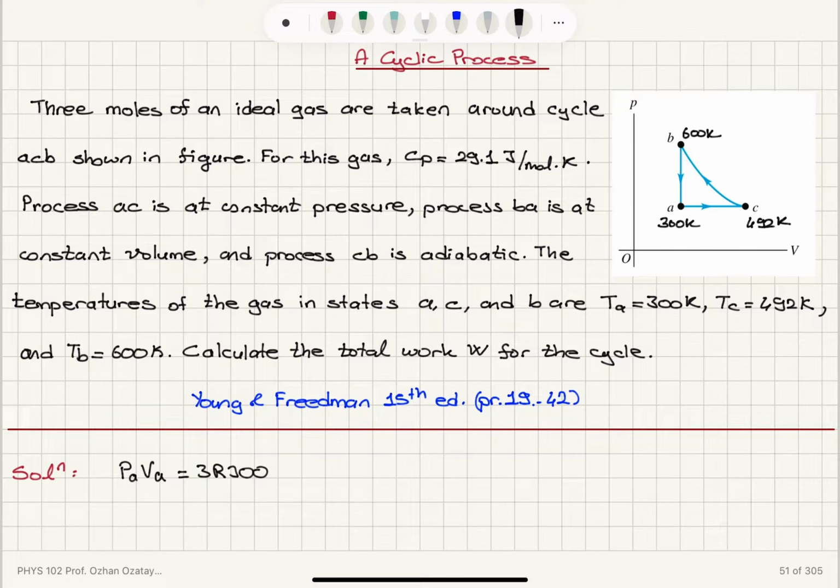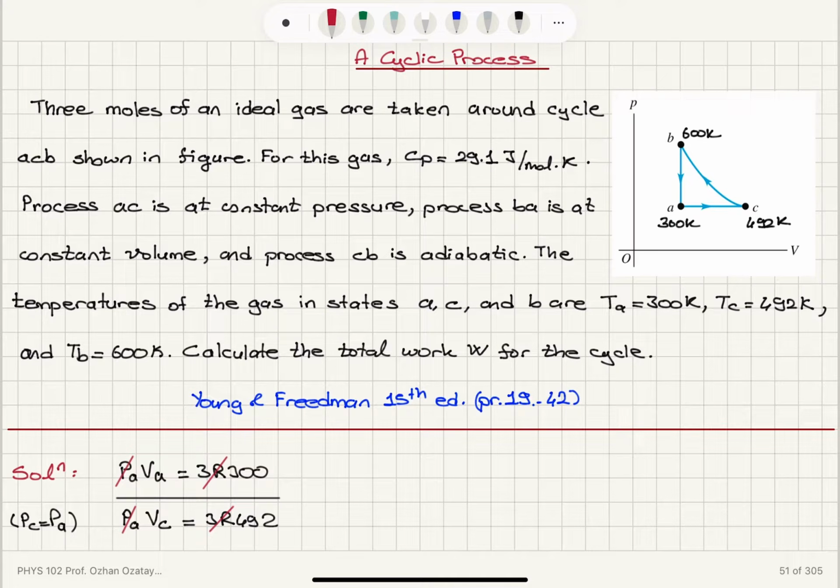And then if we write point C, pressure at point C is equal to pressure at point A. So pressure at point A, volume at point C is 3R times 492 Kelvin. So here I have noted PC is equal to PA because it's isobaric process. If I take the ratio of these two equations, I would obtain the pressures cancelling and the 3 R's cancel as well.